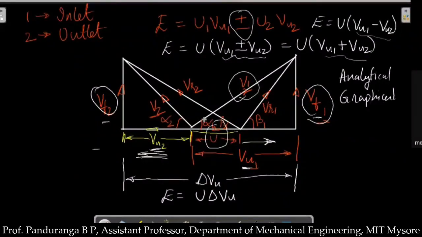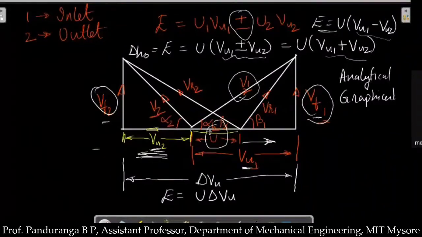Using these relationships, we will find the different velocities, and then the energy output, that is work done or change in enthalpy, delta H naught, and then the efficiencies which we discussed in theory classes. We'll calculate all those things with the help of different velocities.